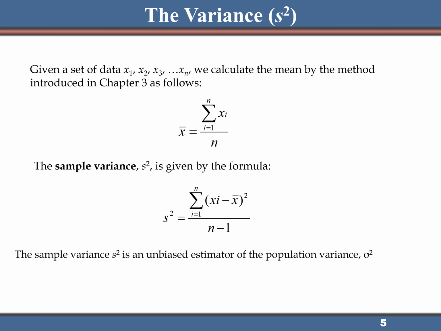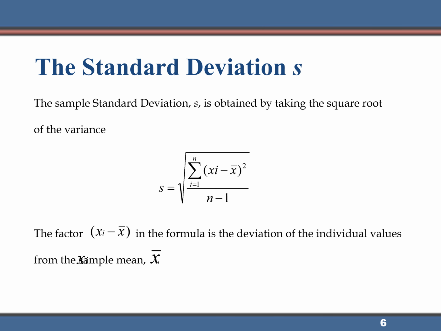The sample variance is given by dividing the sum of the square deviations by n minus 1. The sample variance, s squared, is an unbiased estimator of the population variance, sigma squared. The sample standard deviation, denoted by s, is computed by taking the positive square root of the sample variance.